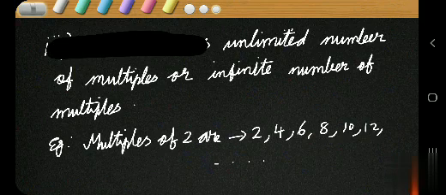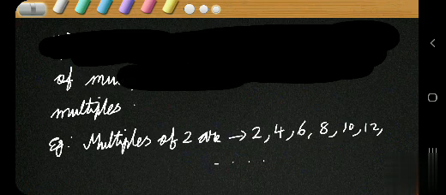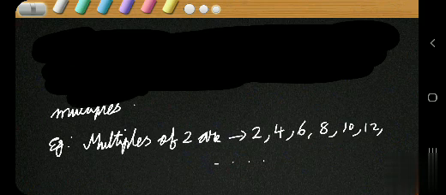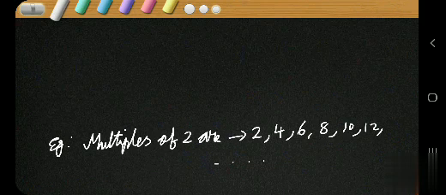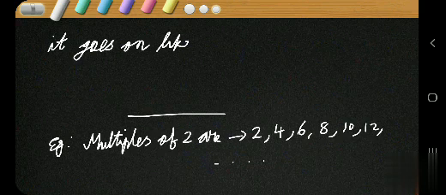Write down please: can we find the last multiple of 2? No, it goes on like this. That means what?